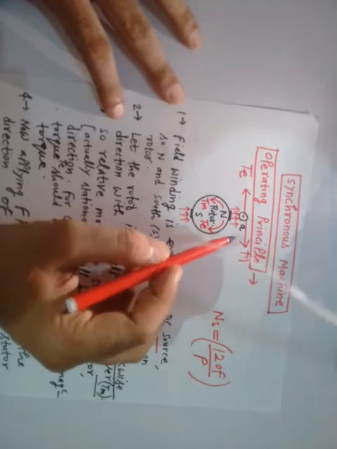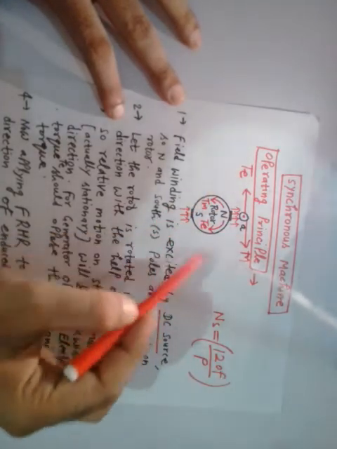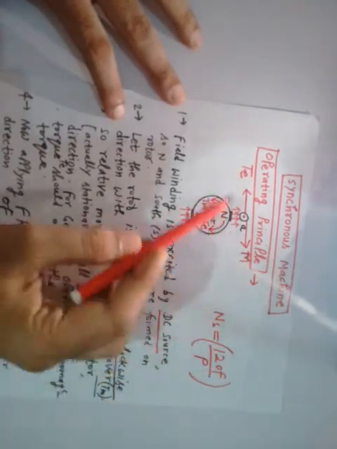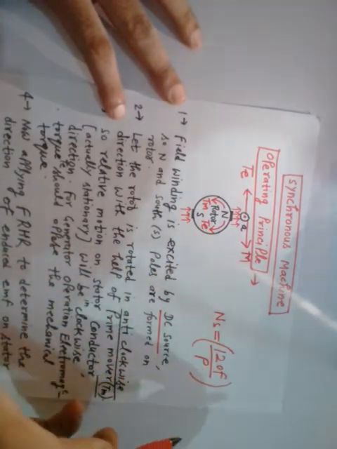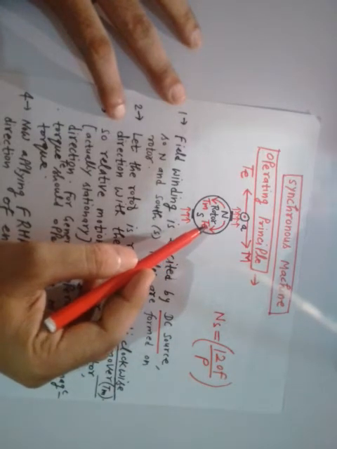In the induction motor, the operating principle is different. I have already explained that. But here, since both the rotor and the rotating magnetic flux are rotating at synchronous speed, you will not find any concept of slip. So here the rotor will always rotate at synchronous speed. You understand now? So this is the operating principle of the synchronous generator.